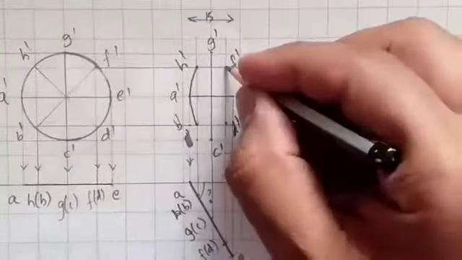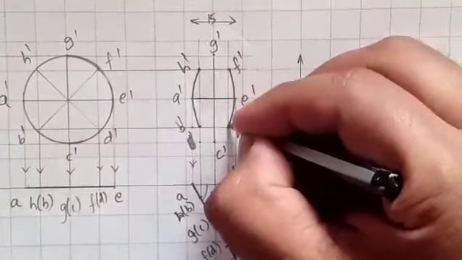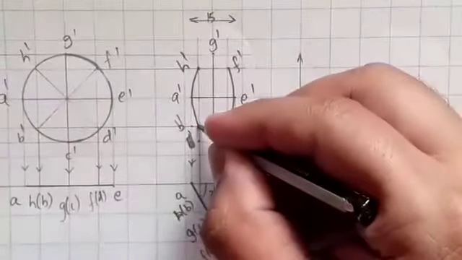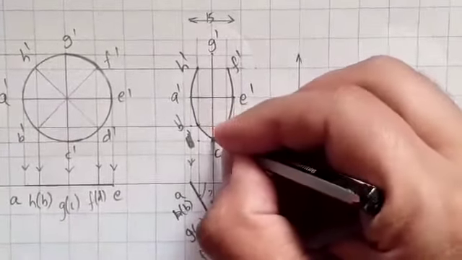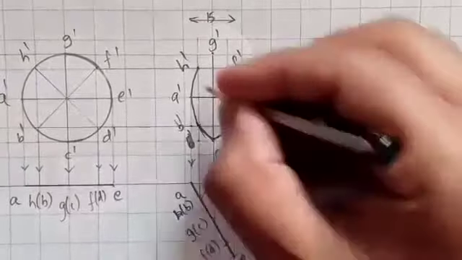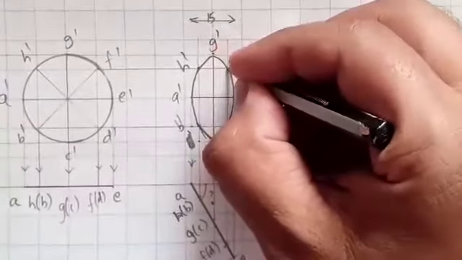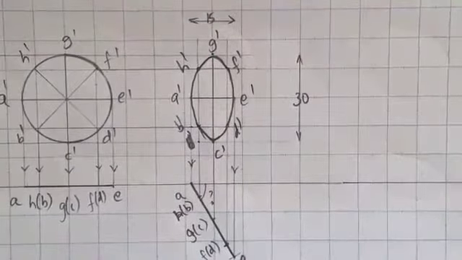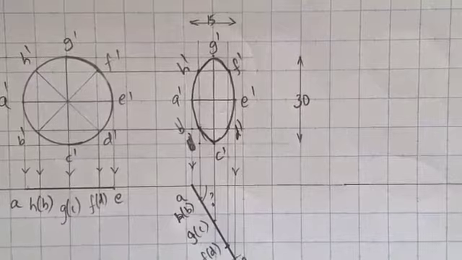And similarly, F, E, and D, two arcs I'm going to complete. And then make this an ellipse. Complete it as an ellipse.